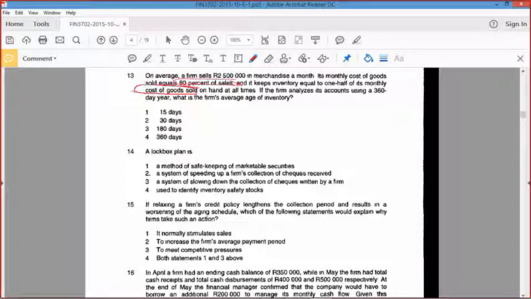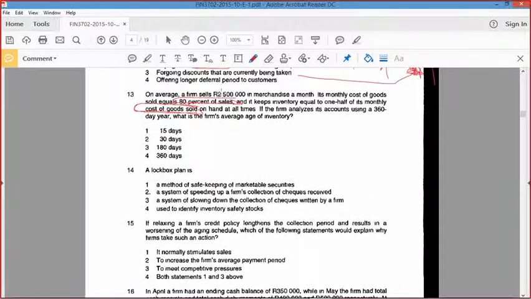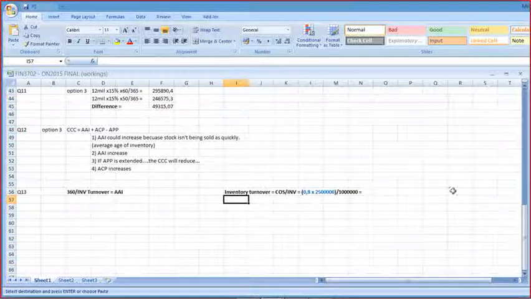Okay, so we first need to work out the cost of sales. So what is 80% of 2.5 million? Is it 2 million? 2 million, yes. Then the question said it keeps inventory equal to 1/2 of its monthly cost of goods sold. So what's a half of 2 million? 1 million.